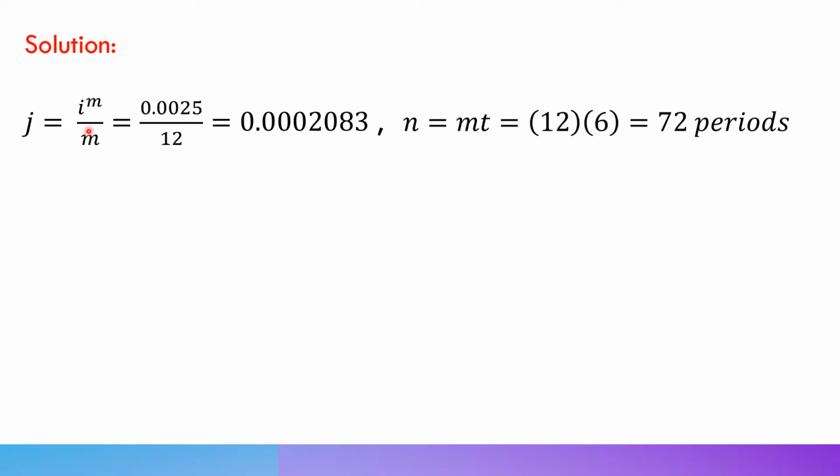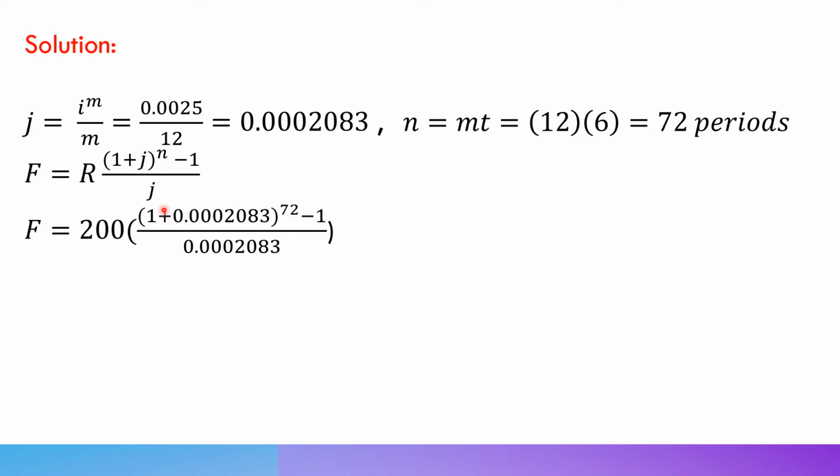Because we have j and n already, let us proceed to the formula in finding the future value. So therefore, we have F is equal to R times the quotient of the sum of 1 plus j raised to n minus 1 all over j.